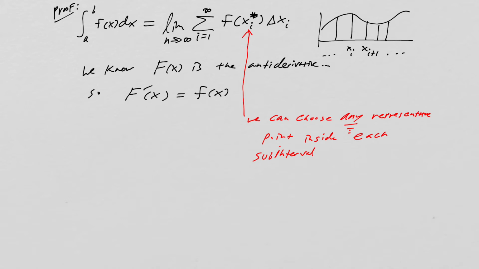I'll call that xi star, and the subinterval is going to be xi to xi plus 1. Sorry, I made a little mistake here. I need to put an n up there on the top. There we go. Good.